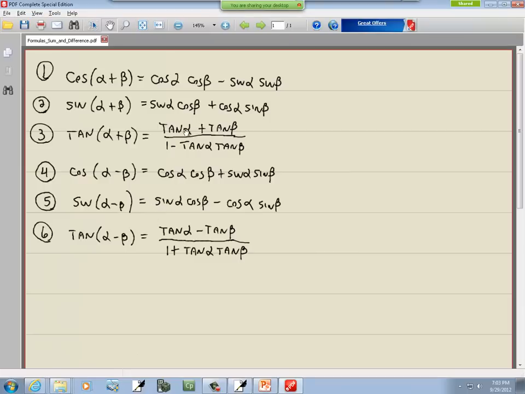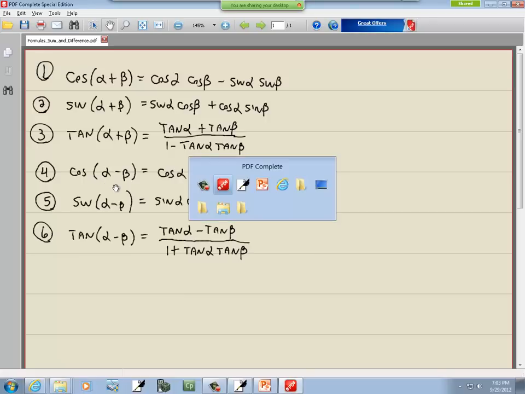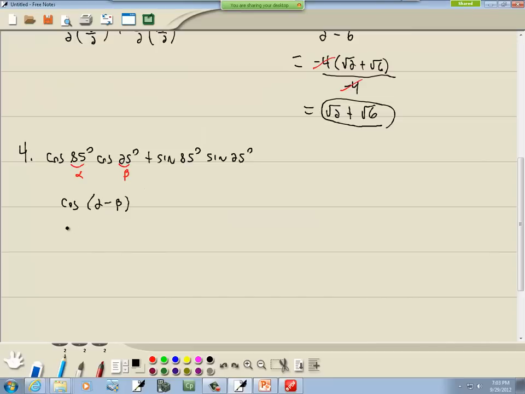Again, we look to see which one it matched here. Cosine, cosine, sine, sine was this one. So we write cosine of alpha minus beta. So this becomes cosine of 85 degrees minus 25 degrees, which is, what is that? 60?